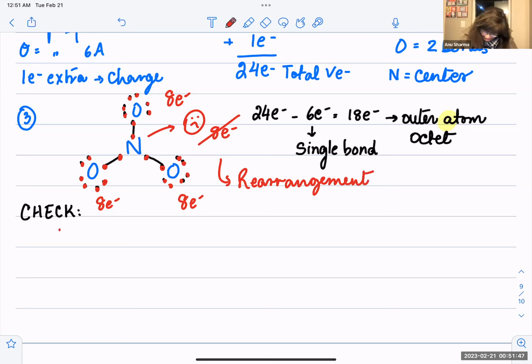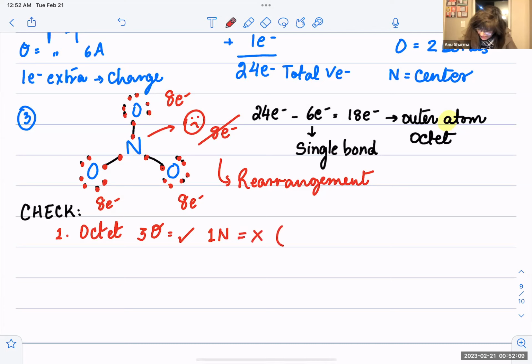There are a few things you also have to see in the rearrangement. Number 1, you check for the octet. All 3 oxygens have it met, but 1 nitrogen is not met. So nitrogen is obviously unhappy. Second thing is the need to make bonds.